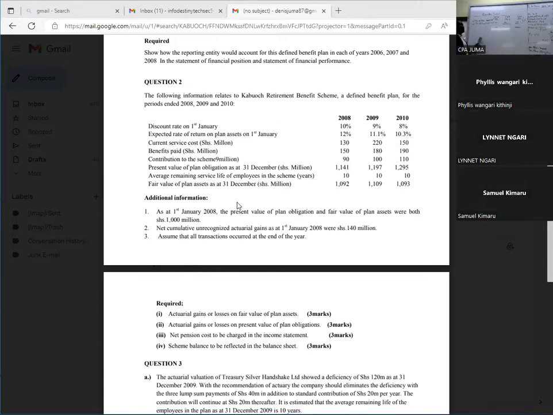So the limit which you should not exceed is whichever is higher. So in year one, there is a tie. So 100 is the limit. If there is a tie, then the tie is the limit. Whichever is higher here is which one? 114.1. Then this one is 119.7. Those are the corridor limits. Have that.